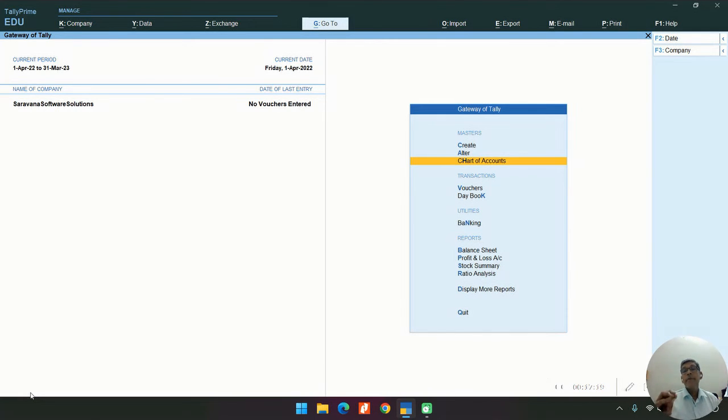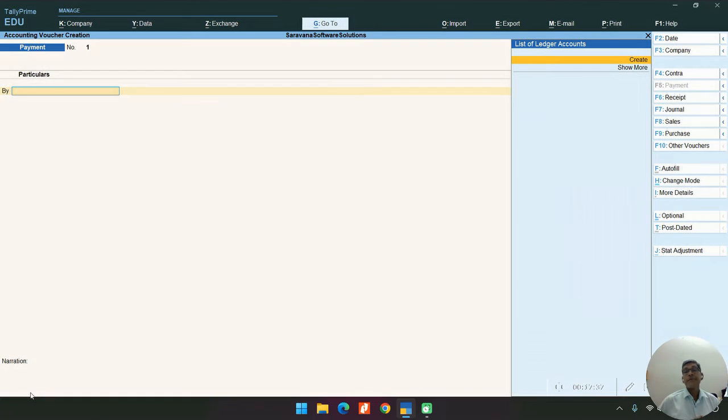Once we are familiar with the masters, it is easy to move to the next heading, called transactions. Simply, we are going to post our day-to-day business entries under vouchers. As we discussed, Tally has 24 predefined vouchers. Look at the very first voucher, which starts with F4, called contra entries.